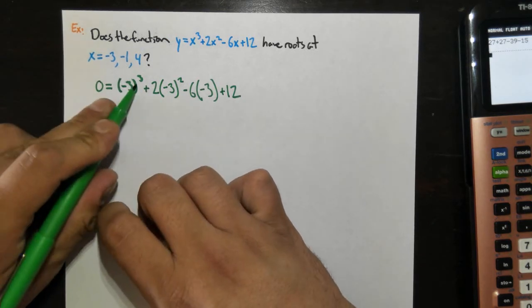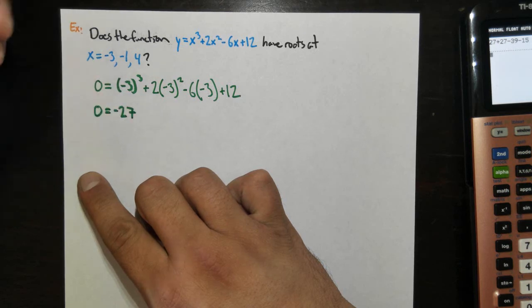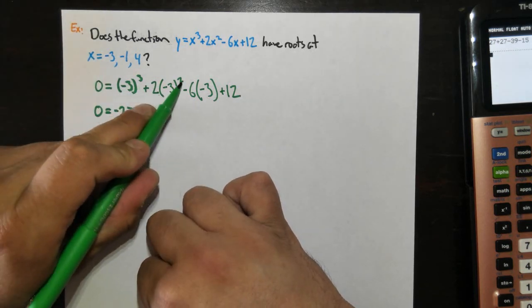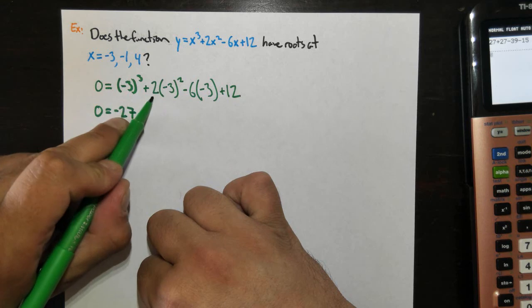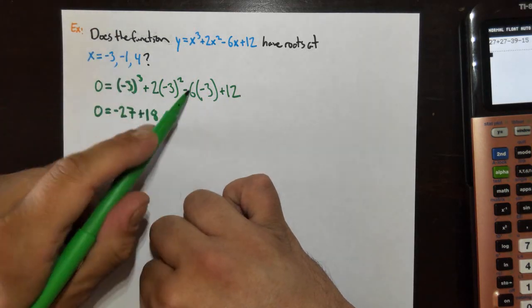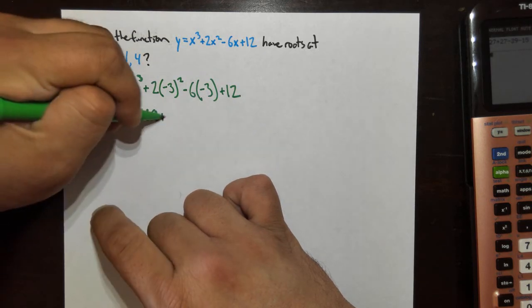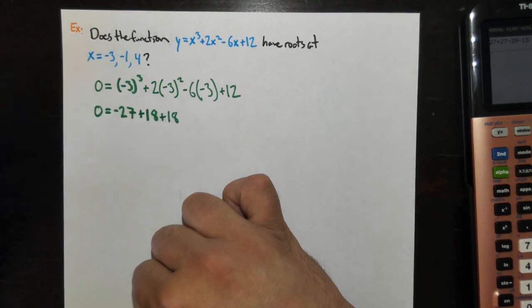Okay, so negative 3 cubed is going to be negative 27. And then negative 3 squared is going to be 9, but 9 times 2 is 18. Negative 6 times negative 3 is positive 18. And then plus 12.